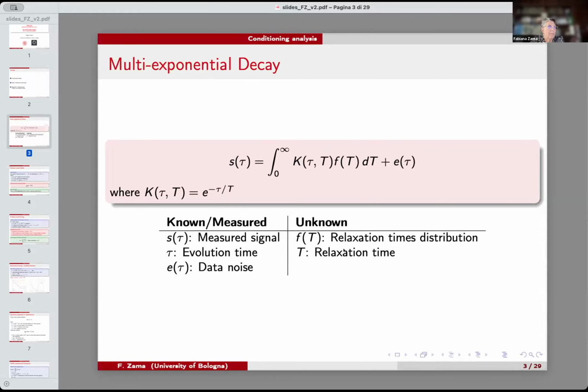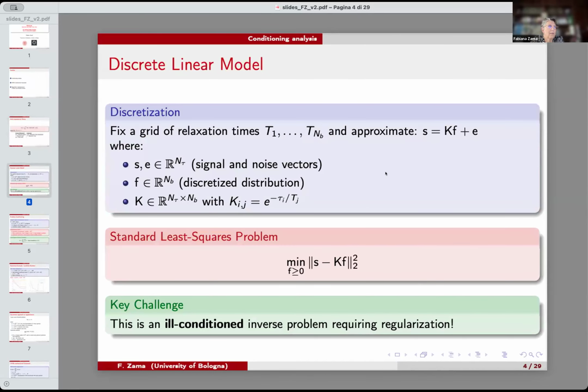Now I put myself in the linear case, or in the quasi-continuous case. Quasi-continuous because we discretize the relaxation times and we set their values. This setting enables us to define this Fredholm integral equation in the discrete setting as a linear system.